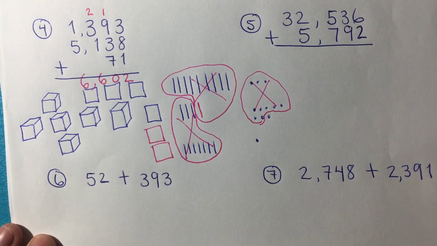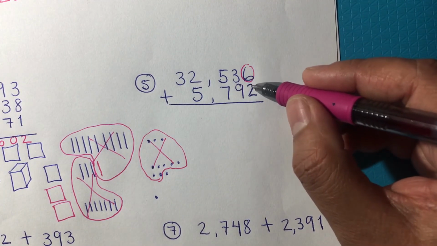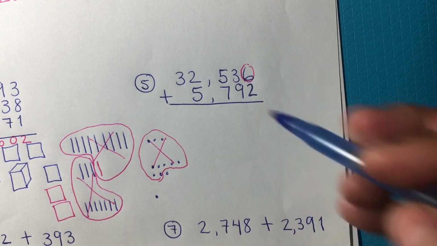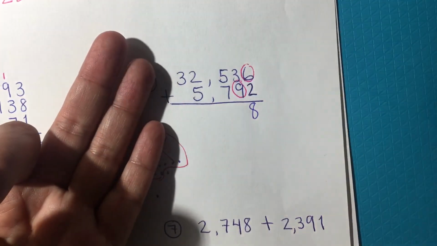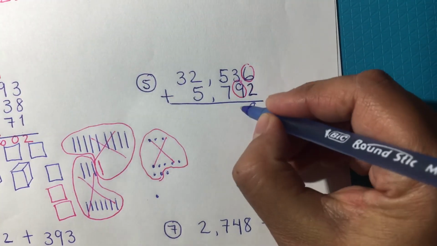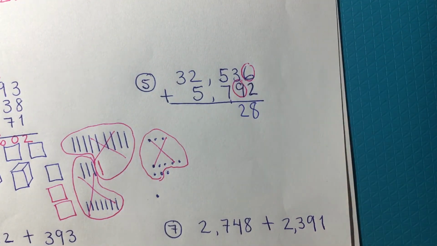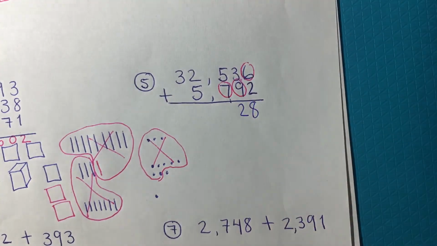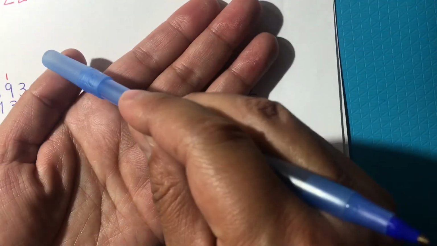For number 5, we're now going to do the model. Again, we start with the biggest one, and add 2, so 6, 7, 8. For the tens, 9 plus 3, 9, 10, 11, 12. Put the 2 right there. 7 plus 5, 7, 8, 9, 10, 11, 12.